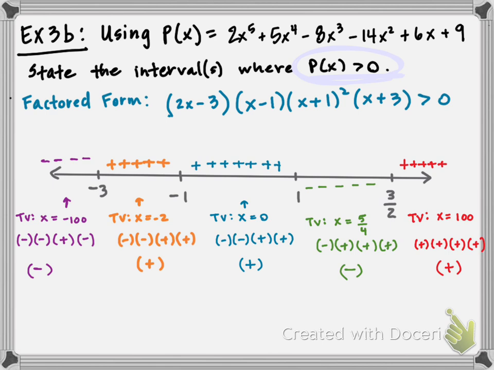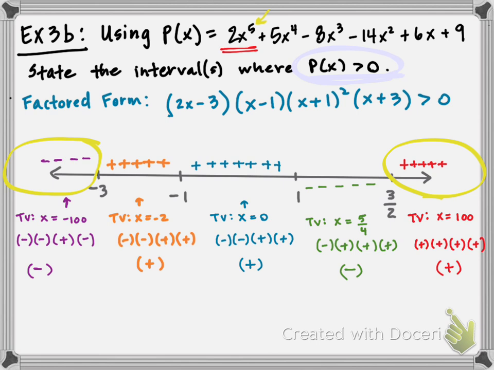Now that makes sense because look at it. We have a 5th degree polynomial. So the end behaviors, the very ends of it, this end and this end, should be opposites because we're dealing with an odd exponent. That exponent is 5, an odd number, so opposite end behavior.